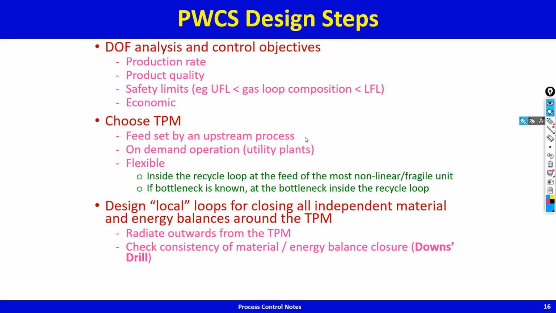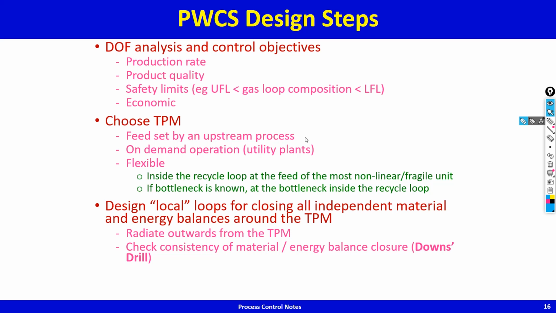Once you have made sure that all drifting modes and all subtle balances are closed, then you're convinced that you've got a consistent control structure that will take your process to a steady state.